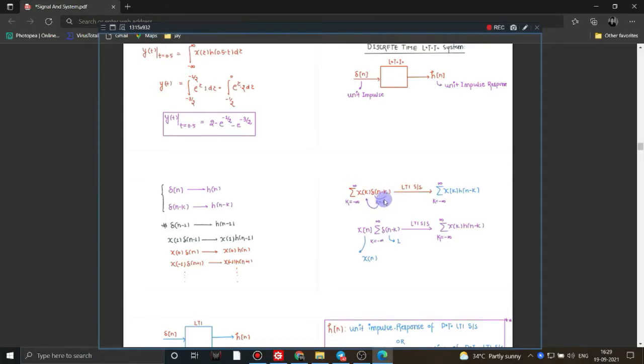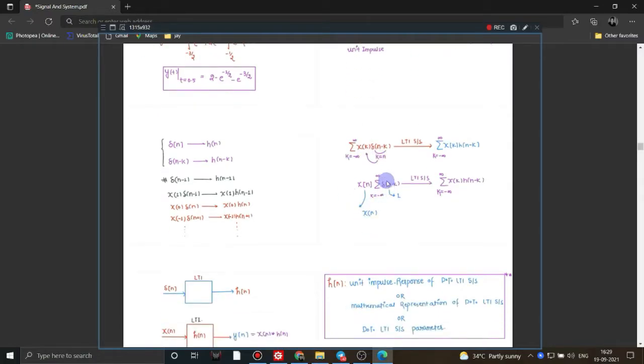Due to the property, the value of k is n, so we put k equal to n. It becomes a constant, so we take it outside. Now this value is 1, because the range is crossing the impulse. So this is x[n], and this is the proof.